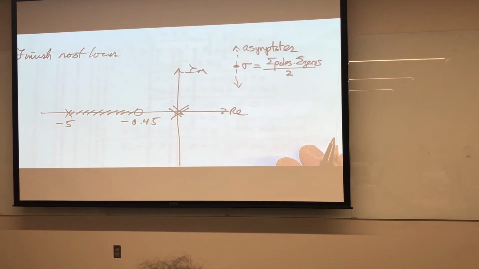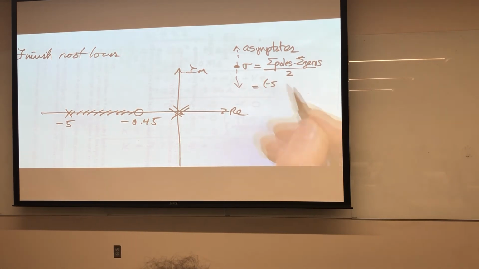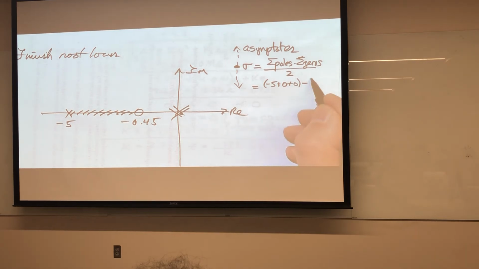Okay. So if I add up all the poles, I get -5 and 0 and 0, minus the zeros, which is minus 0.45, divided by 2.